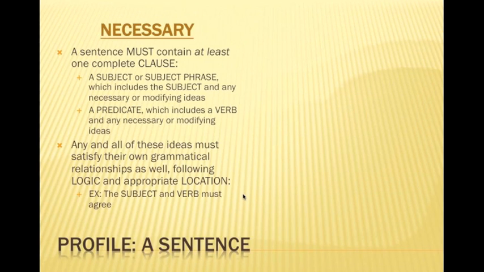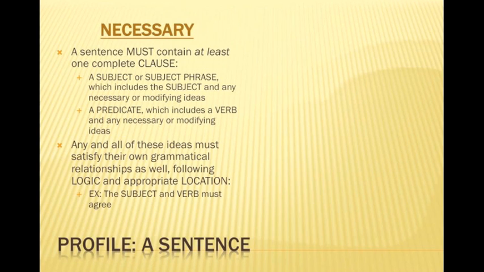So again, in beginning to build a profile for a sentence, we're going to first focus on what is necessary. So as we said before, a sentence must contain at least one complete clause, which is a subject or subject phrase, and remember that includes the subject and any ideas that modify it, and a predicate, which includes a verb and any necessary or modifying ideas that go along with that as well.